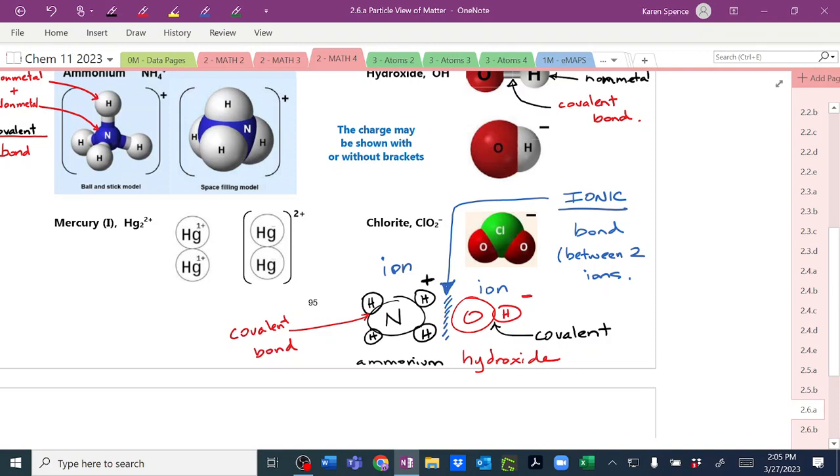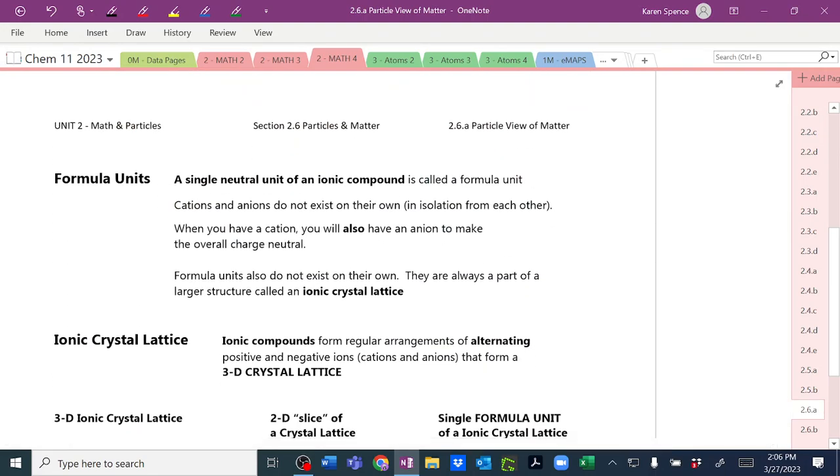So it's interesting because when we have the compound ammonium hydroxide, we have both covalent bonds present and ionic bonds. But we would call it an ionic compound. Formula units.